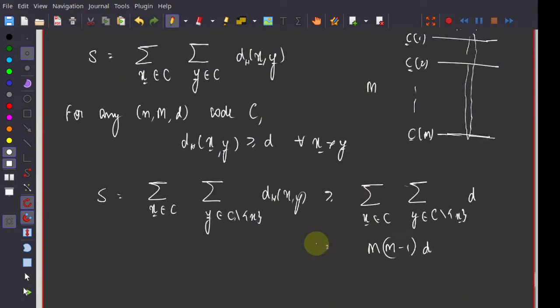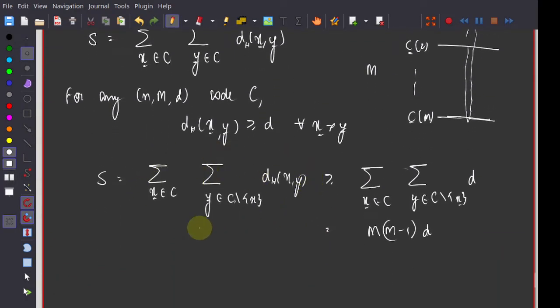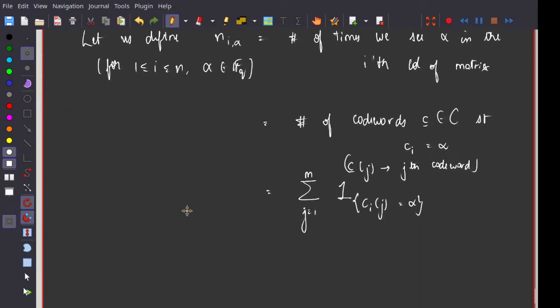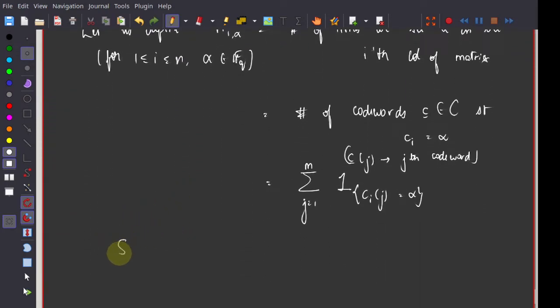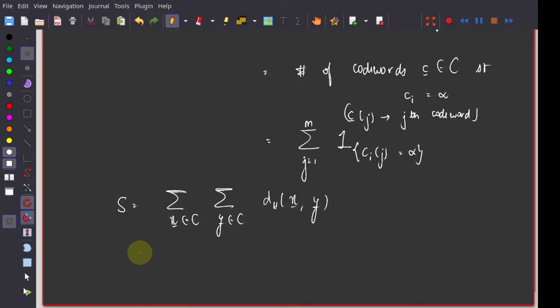So now what I want to do is basically write this in terms of the n_{i,alpha}'s. What do we have? S equal to the summation over all x, y. So let's see what happens. Now let us look at each column.